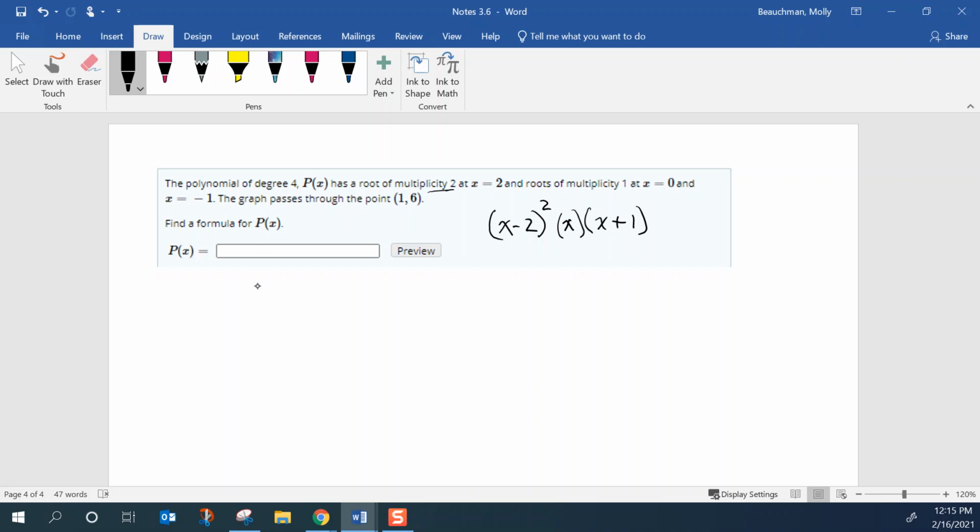So if you want to find a formula for your polynomial, it's a times these multiplied together. And you might be okay with leaving them in factored form. x times x plus 1 times x minus 2 squared. Okay? To find a, substitute your coordinate 1, 6 in for the polynomial. p of x is 6 is equal to a times, substitute 1 for x.